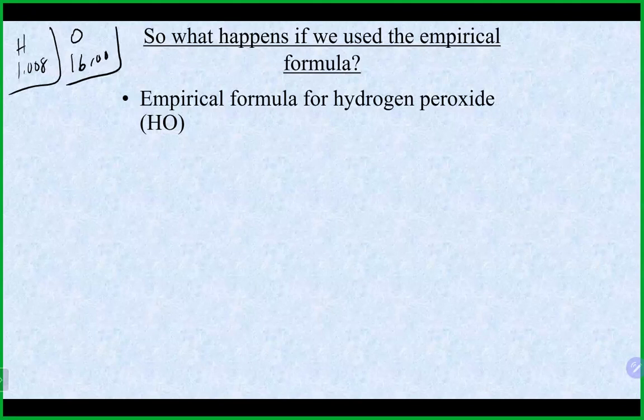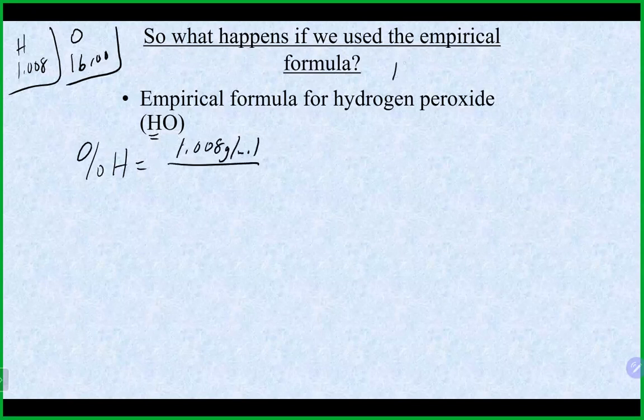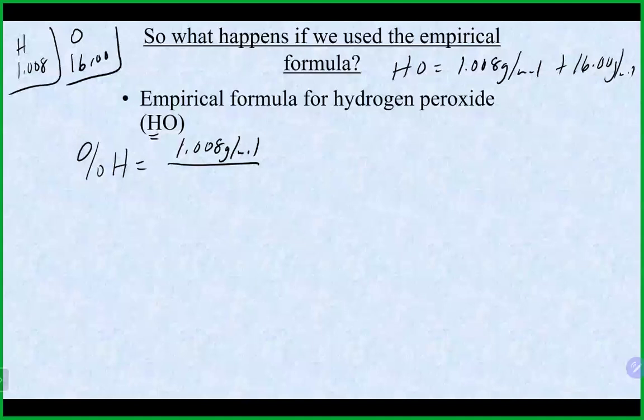Okay, so let's take a look here at the empirical formula, and we'll do our percent of hydrogen. In this case, in the empirical formula, we just have one hydrogen. So that would be 1.008 grams per mole. We do want to divide it by the molar mass of our empirical formula. So that would be 1.008 grams per mole plus our 16 grams per mole. And that's going to get us a molar mass for our empirical formula here of 17.01, we'll call it.